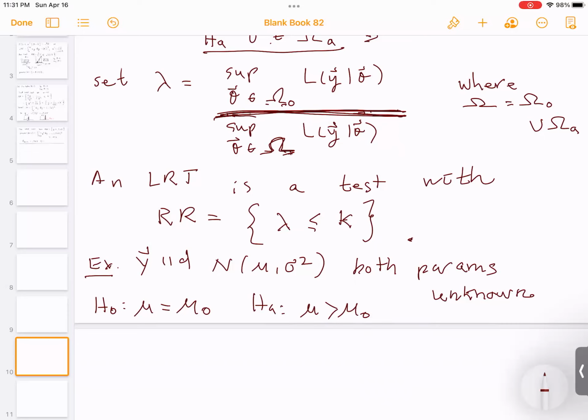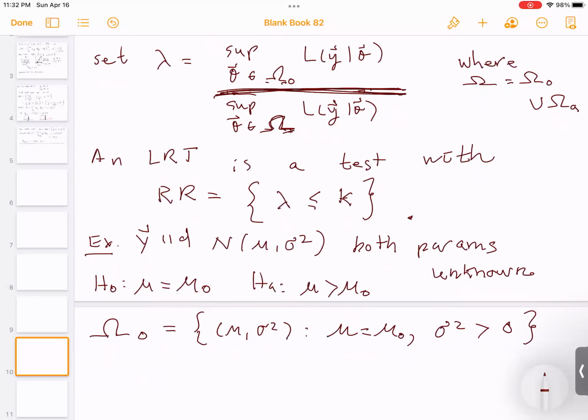Okay. Just for practice, although you don't need to be explicit about this once you get the hang of it, let's write what omega 0 is. Omega 0 is just the set of our parameters that satisfy the null hypothesis. So it's really just the set mu 0, sigma squared, but we'll be explicit about it this time. So mu equals mu 0 and sigma squared, just to be really clear, is greater than 0.